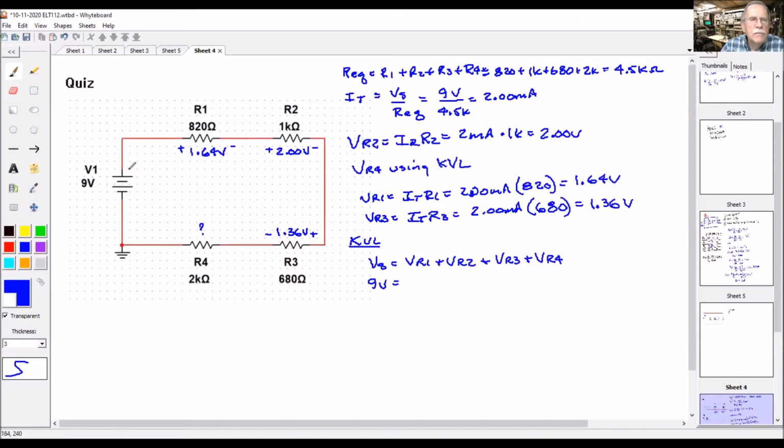So we've got going around 1.64 plus 2.00 plus 1.36 plus VR4. And when you solve for VR4, you come up with, what is this? This is 3 volts, 5 volts, 4 volts.